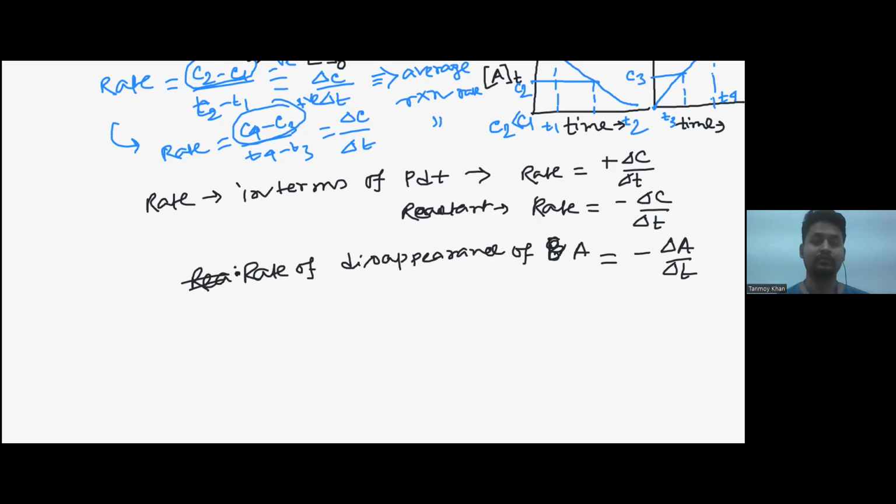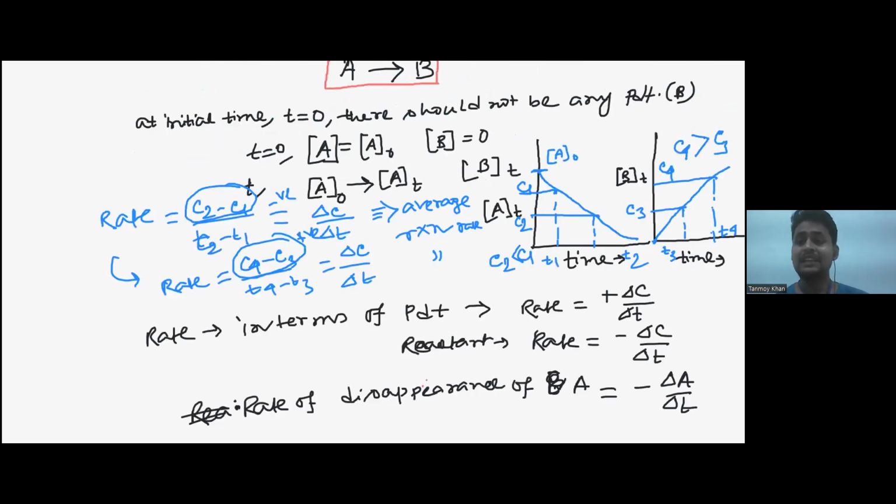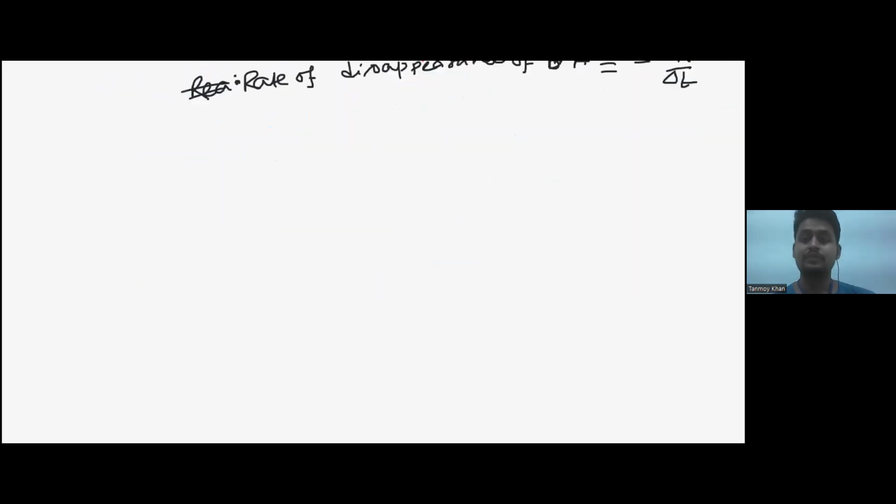Okay. Now if you think, what will be the instantaneous rate? We already said what instantaneous is: it is at any given point of time. Let's say you draw a slope at this time t, what will be the rate? Here comes the use of the derivative. Normally we write the instantaneous rate as minus dA by dt. In place of delta, we write the derivative, and for a product, let's say B, it is dB by dt.